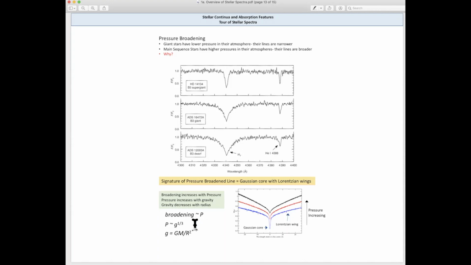And it turns out that this is related to the relationship between the mass and the radius of the star, because the surface gravitational acceleration depends upon the mass and radius at the atmosphere. Pressure goes as that to the 1/3 power, and broadening scales with pressure. And my question is, why does broadening scale with pressure? It's not an easy answer, and if you don't know it, it wouldn't surprise me.